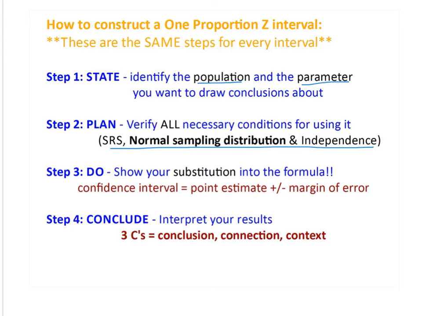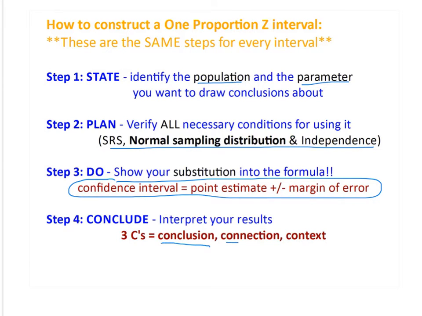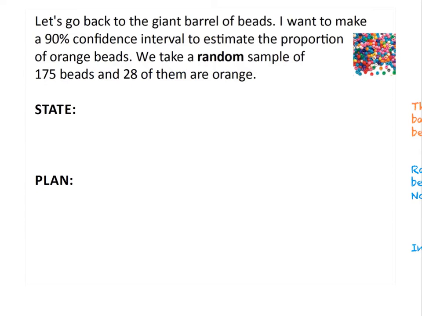Step 3 is to actually make the interval using this formula, the point estimate plus or minus the margin of error. And step 4 is to conclude. And in my conclusion, I need to say, what is my interval, connect it to the problem, and give some context. So let's do the state plan steps together.